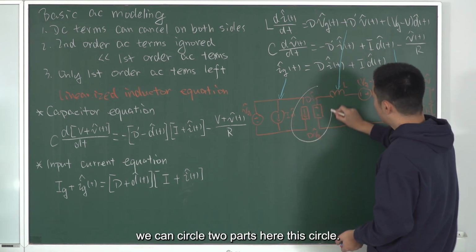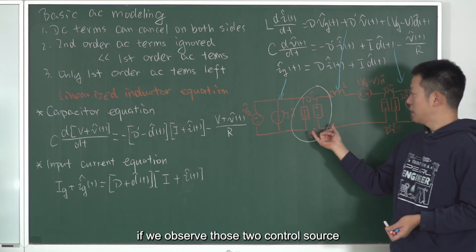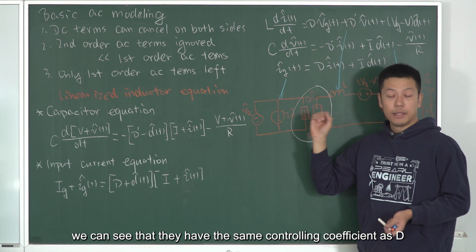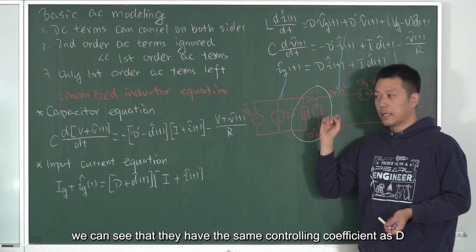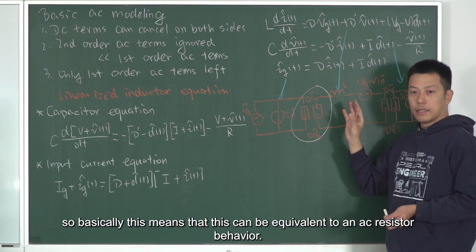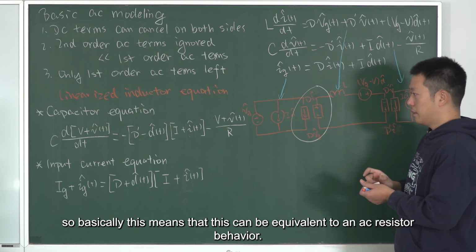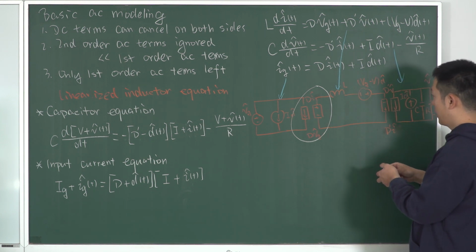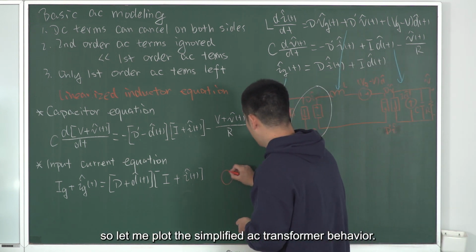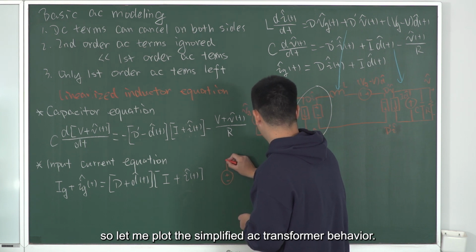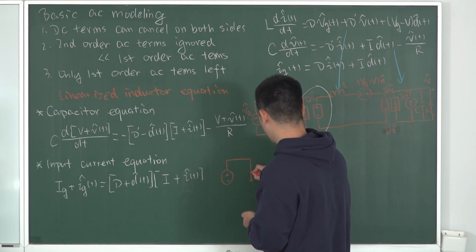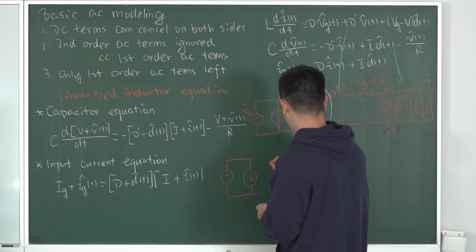Here, in this circle, if we observe those two control sources, we can see that they have the same controlling coefficient, D. So basically this means that this can be equivalent to an AC transformer behavior. So let me plot the simplified model.